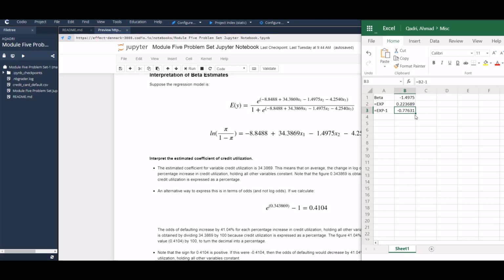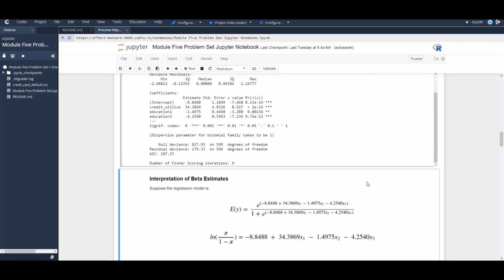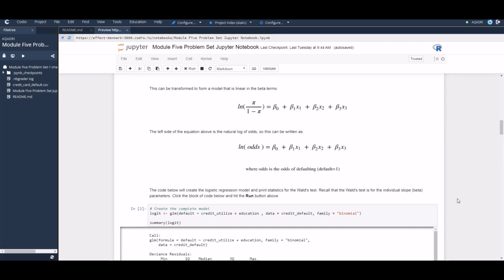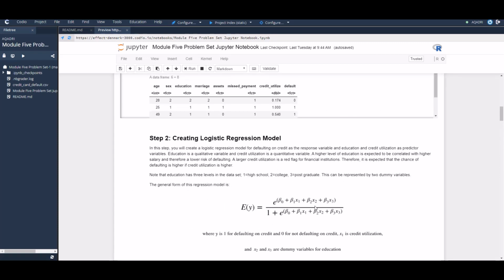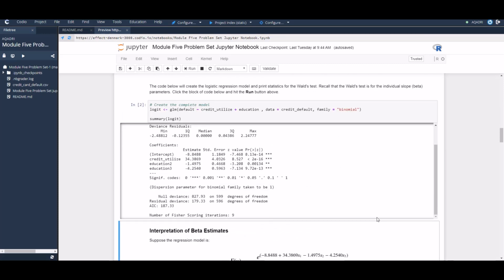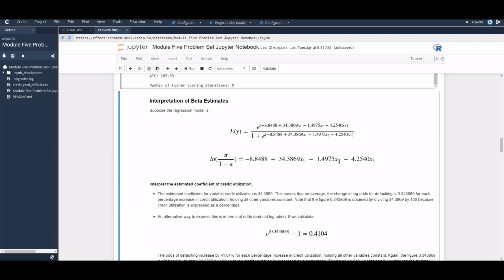Very simple. Now we note here that these two terms were dummy variables for education. And we said that college and postgraduate would be 2 and 3. So for college, now we go back to the real scenario, which is that this is a dummy variable for a qualitative predictor. And therefore, X2 represents college education.